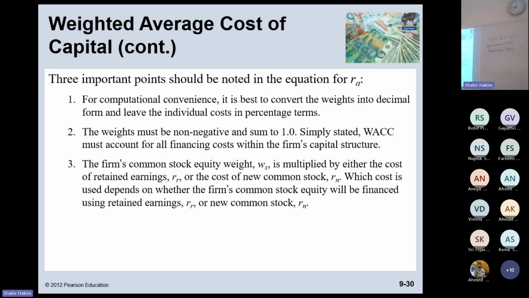Because you have to say how much will be financed by debt, how much by preferred stock, how much by common stock. Quickly. Do you see the percentage on the board, the optimal structure? Yes, it's 30, 10, and 60.